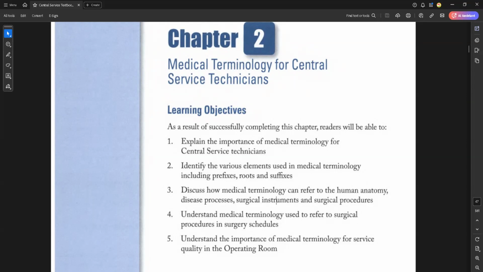Discuss how medical terminology can refer to the human anatomy, disease process, surgical instruments, and surgical procedures, and understand medical terminology used to refer to surgical procedures in surgery schedules, and understand the importance of medical terminology for service quality in the operating room. So this, to be able to master and to answer these questions.